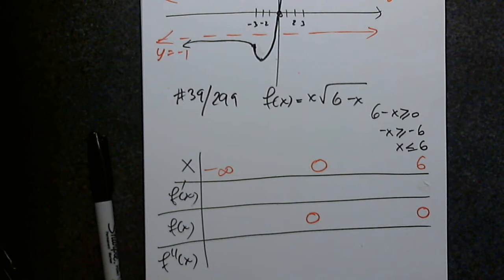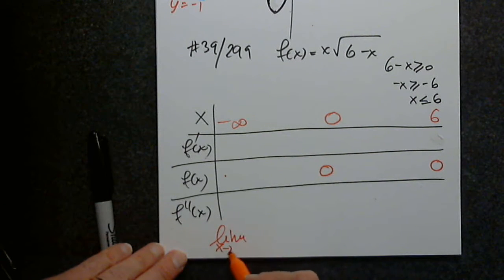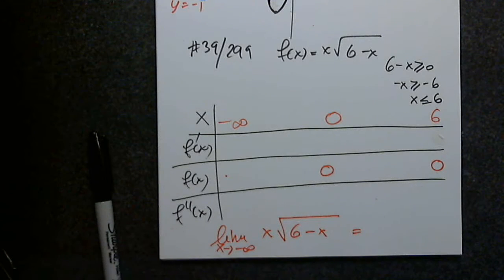Perfect. Okay, so now the limit. Limit as x approaches negative infinity of x times the square root of 6 minus x. When x approaches negative infinity, where does this go? Very good. Plus 6 doesn't matter. The square root of infinity goes to infinity.